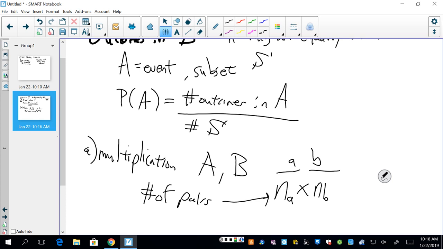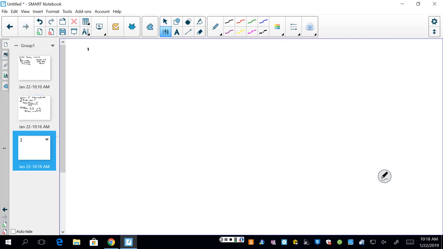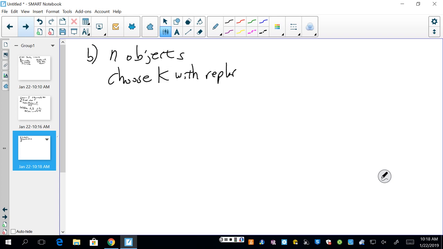And so after this, we took if we have n objects, maybe n subjects or just objects, and we choose k with replacement. So we allow with replacement. So that means that we allow repeats of the selection, and we keep these in order.